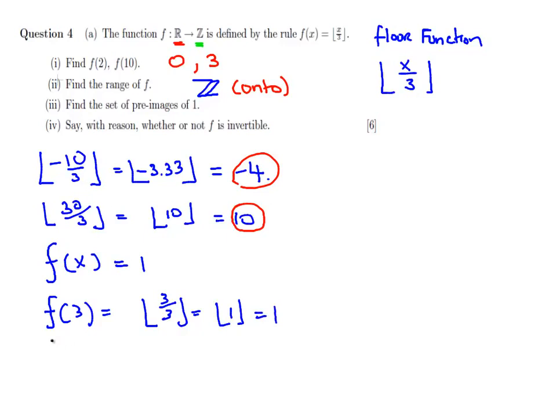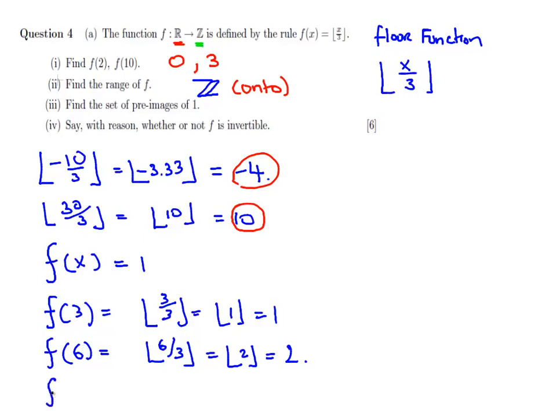Let's try f of 6, which is 6 over 3, the floor function of 2, and that is equal to 2. But just as a remark, any value between 3 and 6 will give you a floor function of 1.